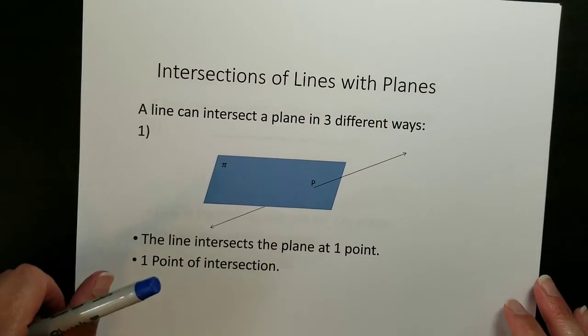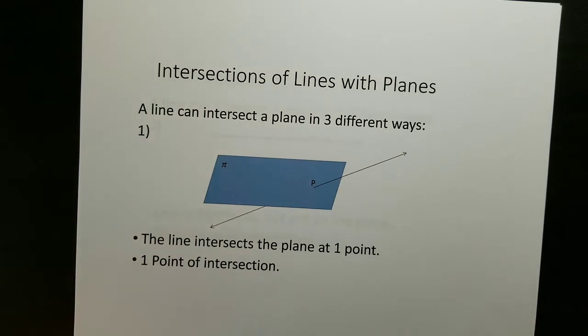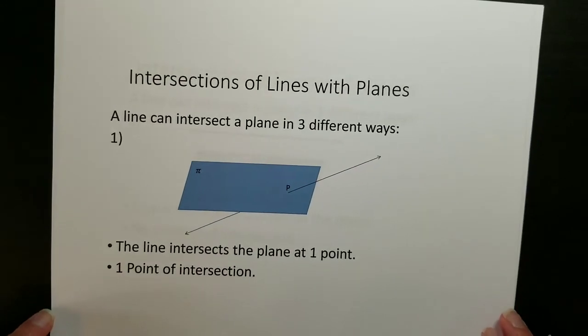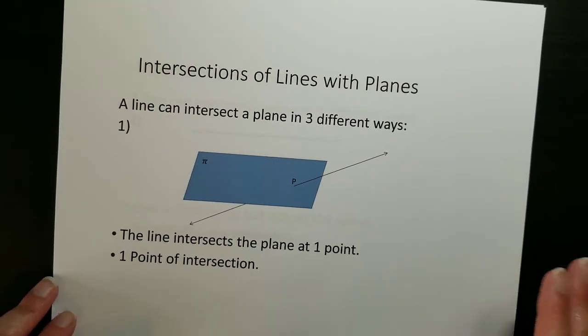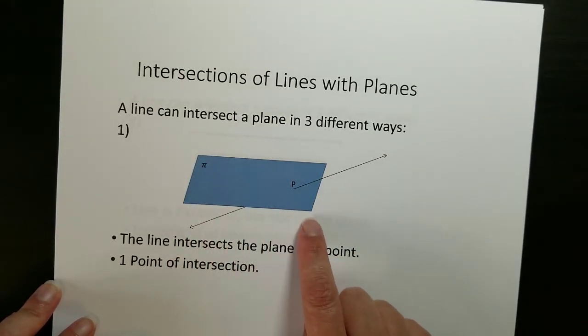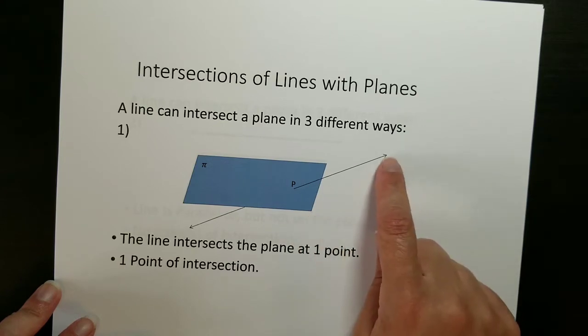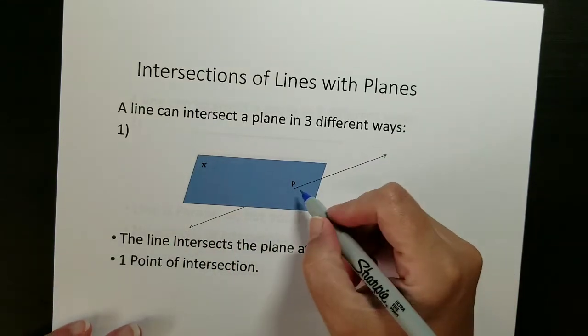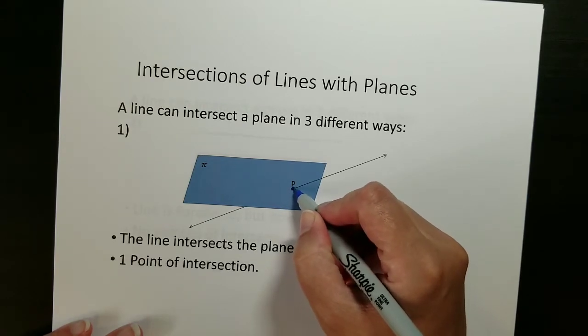So first of all, I've got some diagrams here, and if we talk about intersection, our first picture is probably this case. If you wanted to talk about an intersection of a line and a plane, I think most people would have this visual as their first instinct: you've got this plane pi, and remember we represent that with the parallelogram, and you have a line that cuts through the plane and intersects the plane at one point.